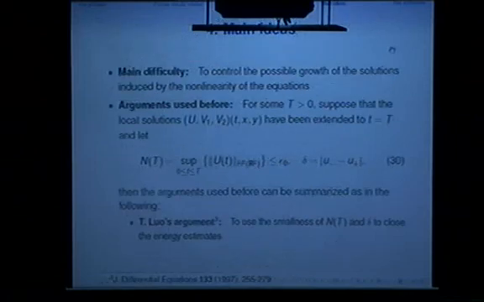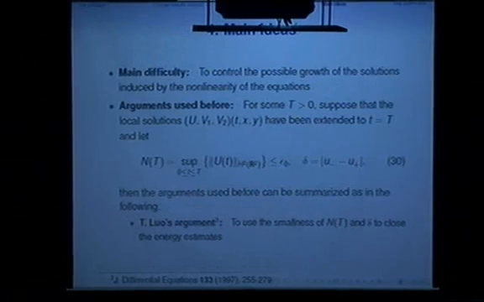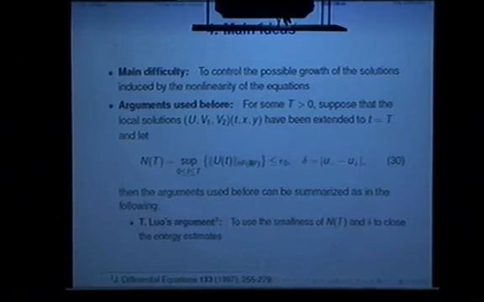So the main idea is that, to construct global solutions, the main difficulty is to control the possible growth of the solutions induced by the nonlinearity of the equations. For the argument used before, for example, we assume the solution has been extended to some time capital T. And we use capital N(T) to measure the H2 norm of the solutions, and use this to measure the strength of the rarefaction waves.